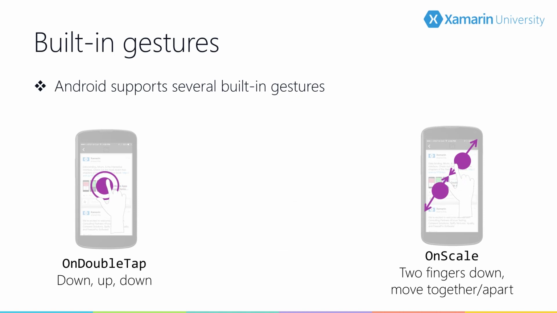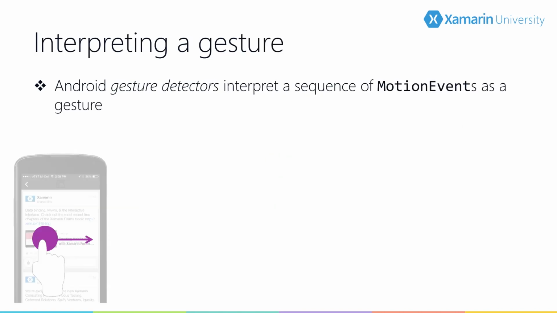And the Android APIs expose other common gestures as well, things like the on-double tap and the on-scale. However, there are other gestures that are not built in. If we try to think of a common gesture that we haven't talked about yet, something like rotation would be a gesture that's not included in the Android APIs.